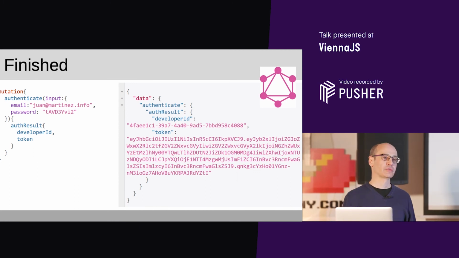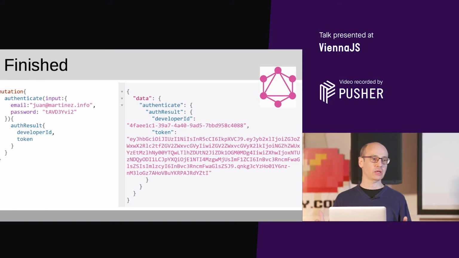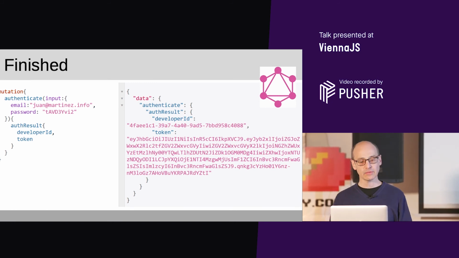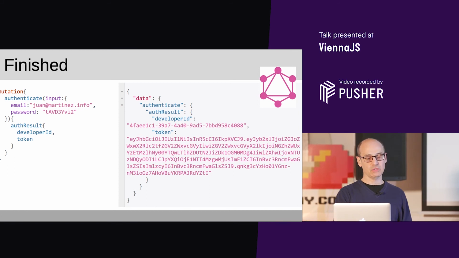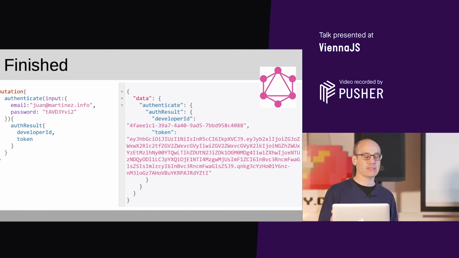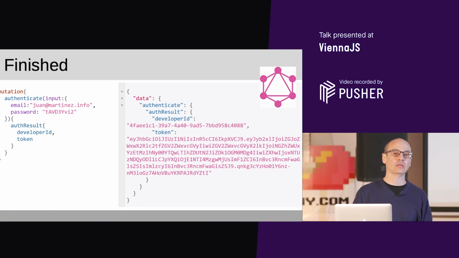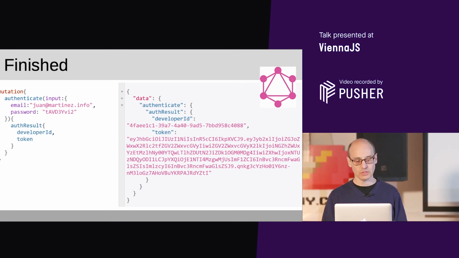And we're finished. This way you have a secure GraphQL backend with login and authentication. This is an example of the authenticate mutation: given the email and the password, I get as a result the JSON Web Token. I've added the developer ID as a convenience, even though it's encoded within the JSON Web Token itself.